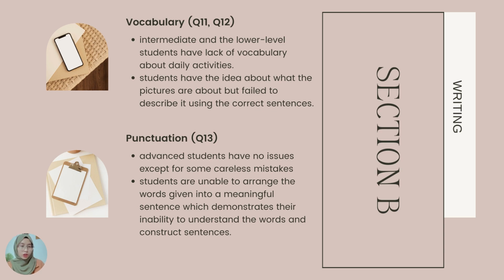Some of the students remember the phrases, but they are unable to spell them correctly. Therefore, the teacher should give more spelling practice to lower level students to help them memorize certain phrases.